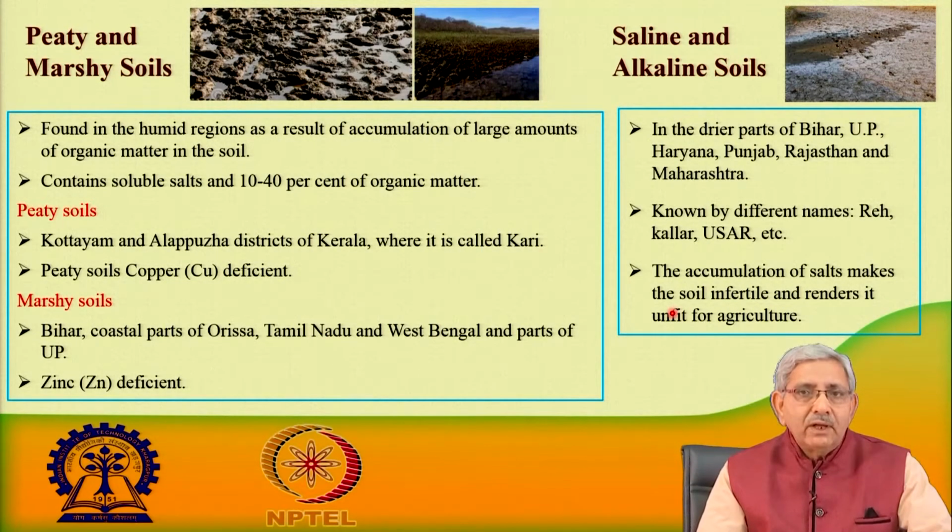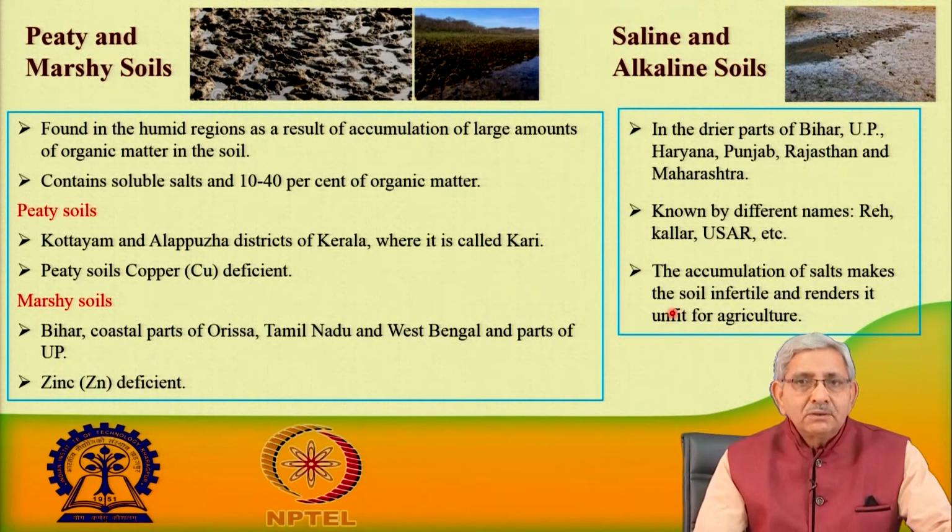Saline and alkaline soils are also problematic soils, and these are available in the arid and semi-arid regions of the country. If they are to be brought under cultivation, then we need to apply a sufficient amount of gypsum or calcium treatment.